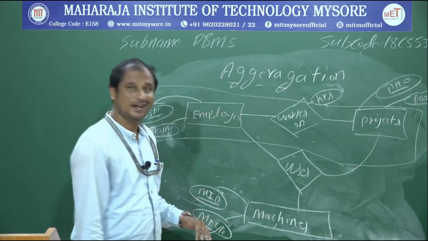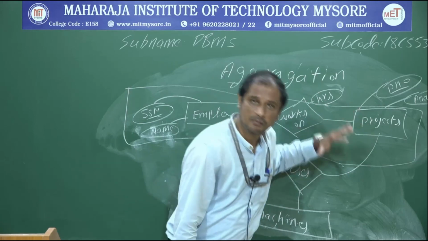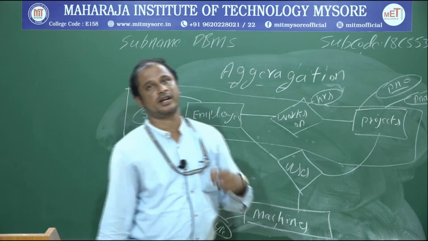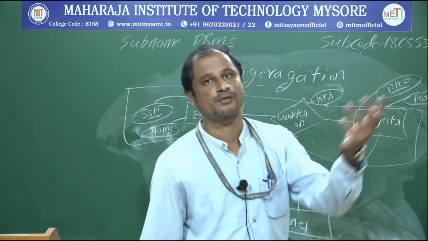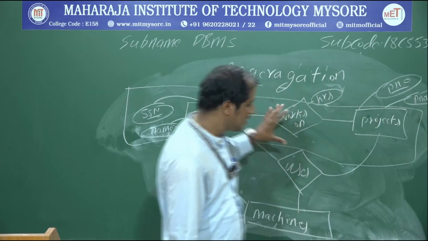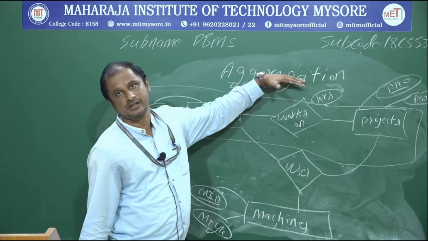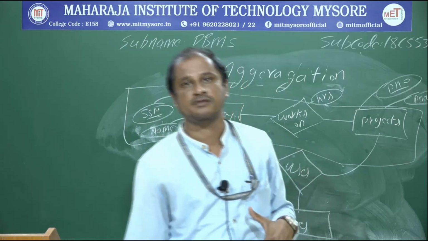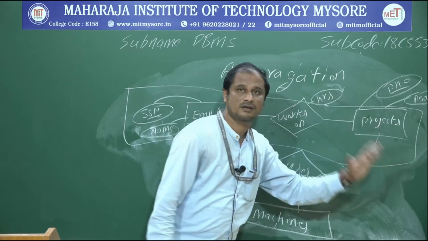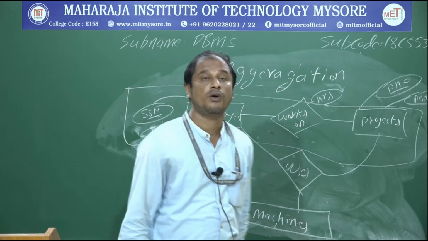I make an aggregation: employee works on project becomes one aggregate, and both people are using machines for developing a beautiful system, for a number of hours. This is called aggregation, where I did the aggregation of employee works on project.